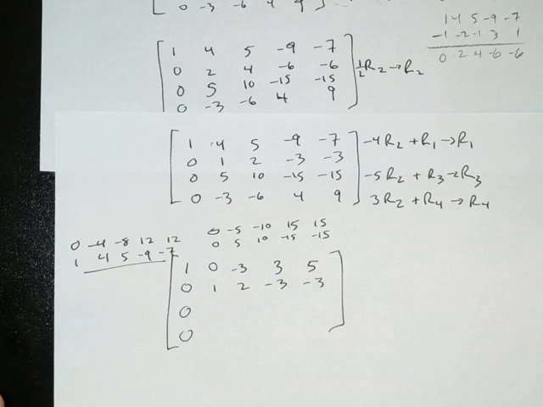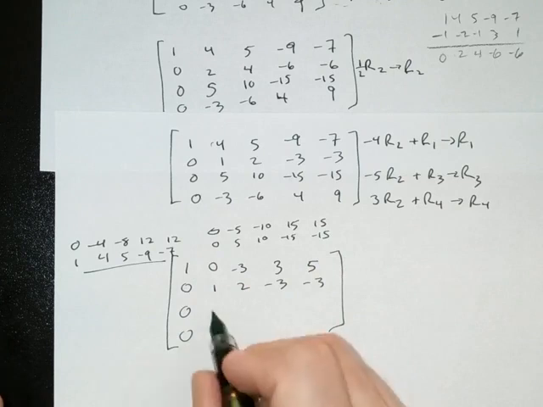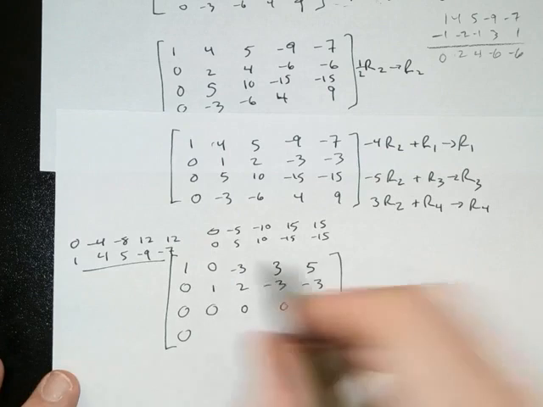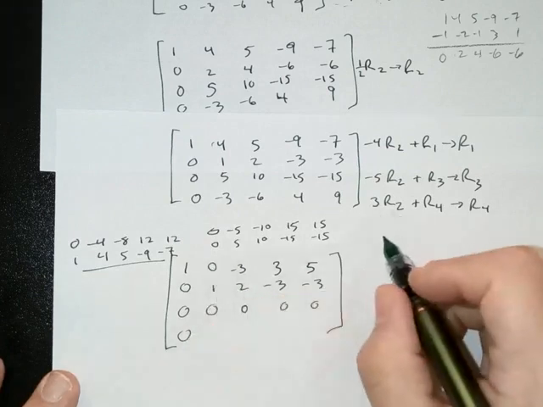Oh, ho, ho, ho. What happens to this row? It's all zeros. That's okay. Allowed. One more time. Multiply by 3.